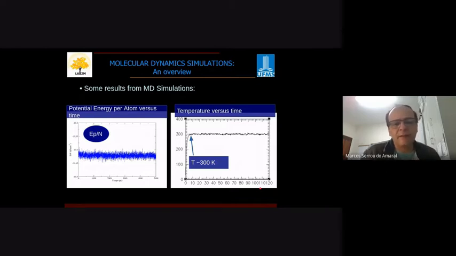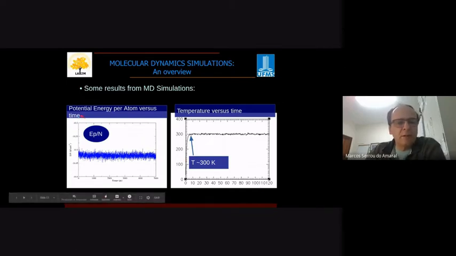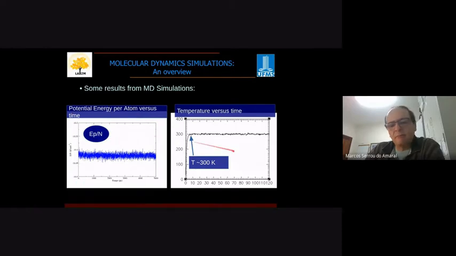Here you have some results, 2 graphs that in every simulation you need to see and analyze. It's pretty simple. In the left graph, you have both as a function of time, potential or energy per atom.